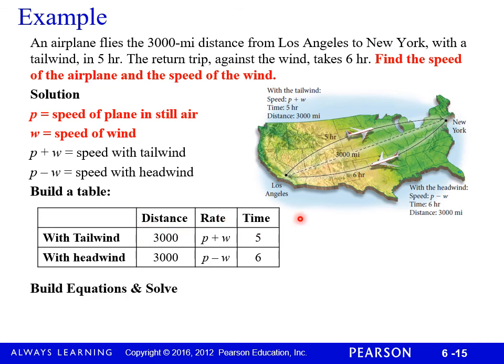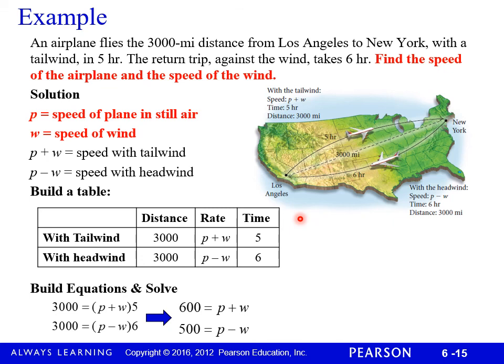So I'm going to make two equations from our table. 3,000 equals 5 times p plus w, and also 3,000 equals p minus w times 6. Notice those are in parentheses so that we distribute. And actually, before we distribute, it might be easier to simply divide both sides by that number.